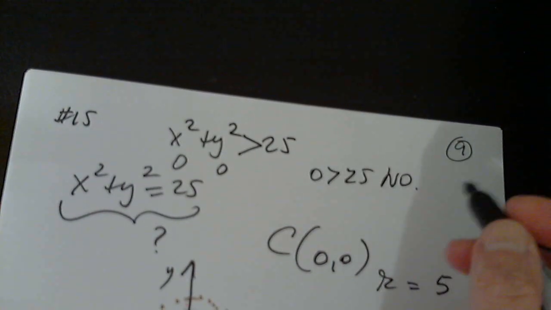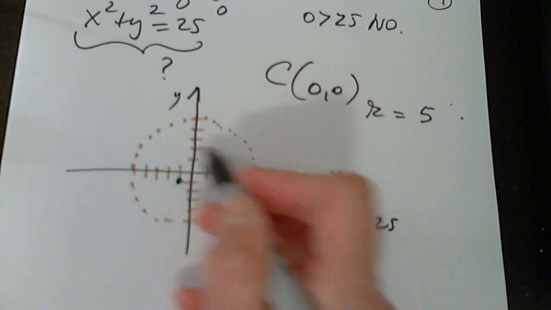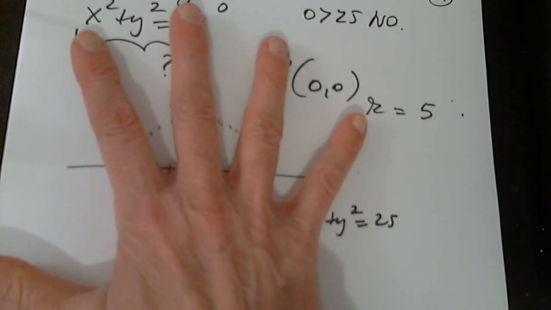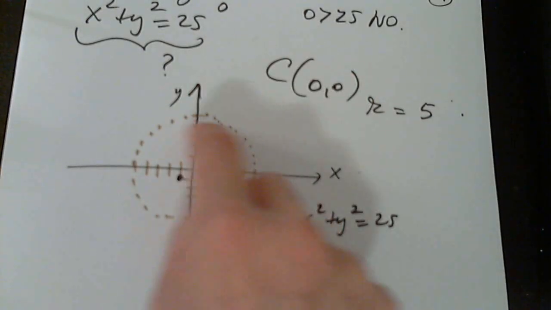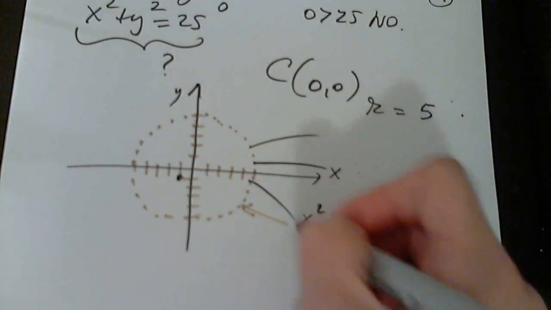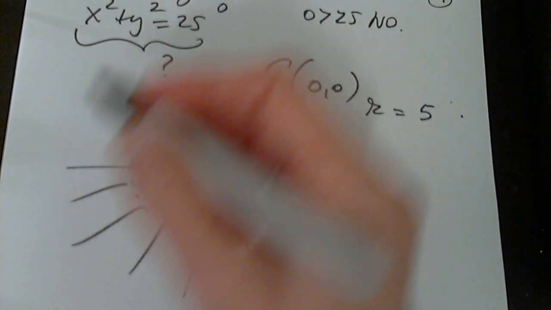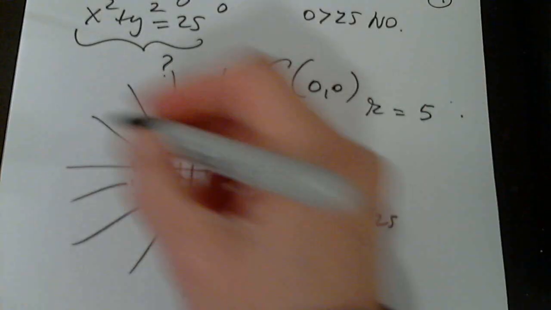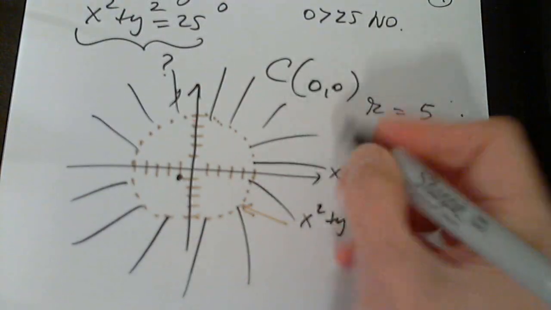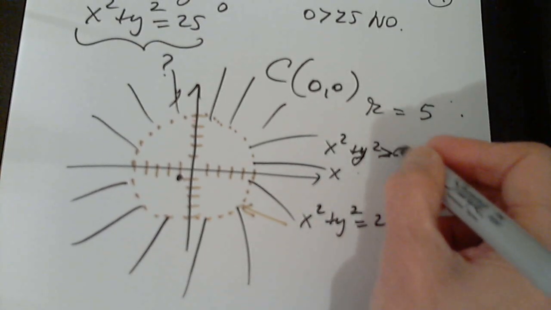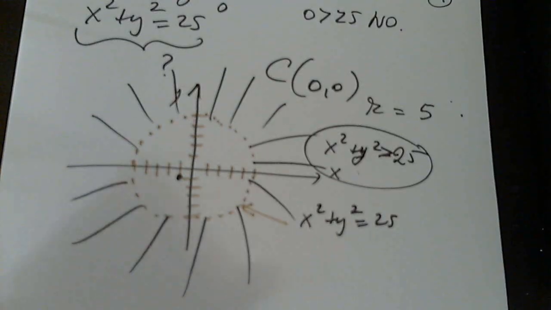No. So I cannot choose the area inside because now the circle divides the plane into two pieces, the inner and the outer. So I have to choose the outer. This contains all the points that verify this inequality.